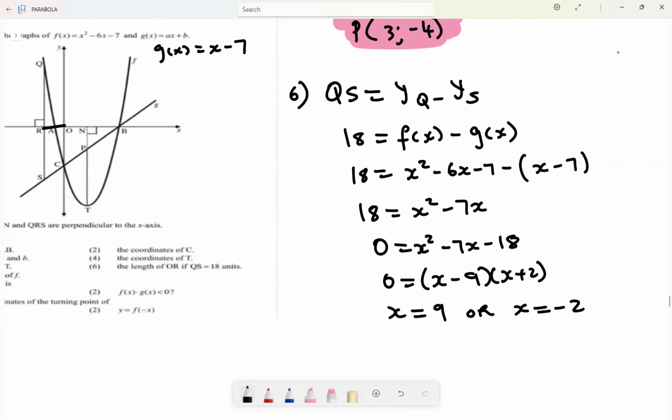And for us to find OR, we need the x coordinate of O minus the x coordinate of R. But now we just found the two points where the difference can give us 18. So when I check the x coordinate on this part, is it going to be negative or positive? We see that on here, the x coordinate is negative in actual fact.